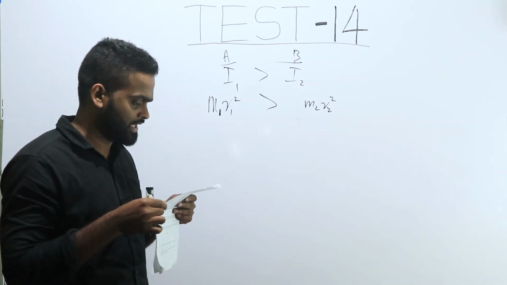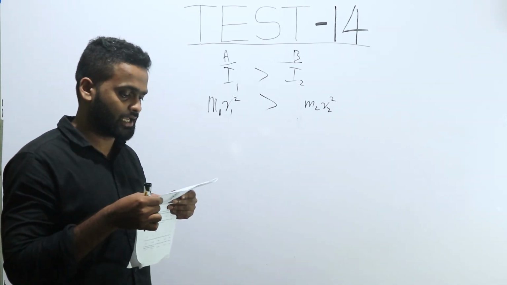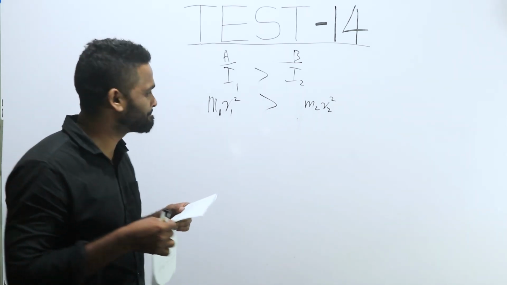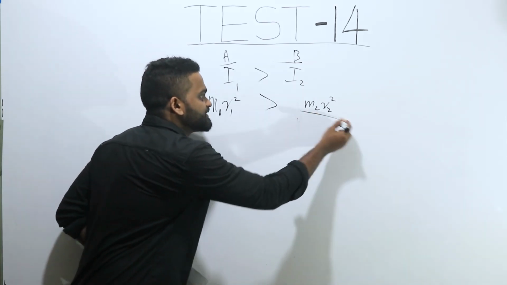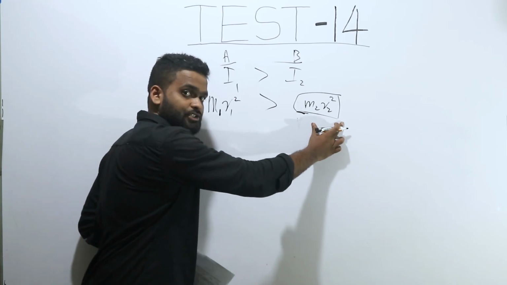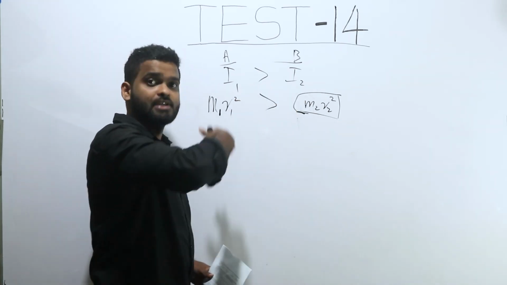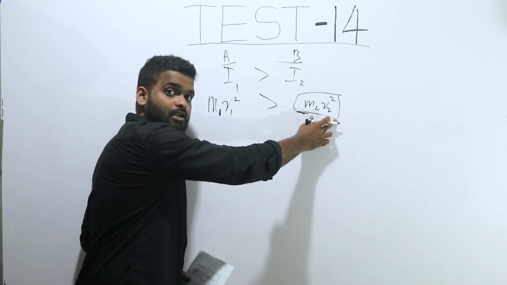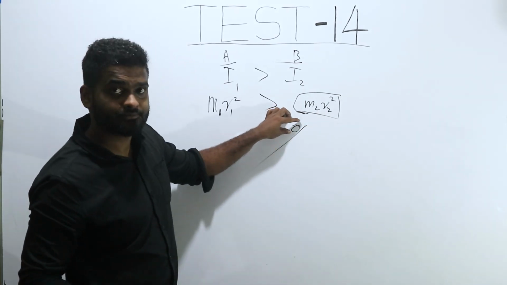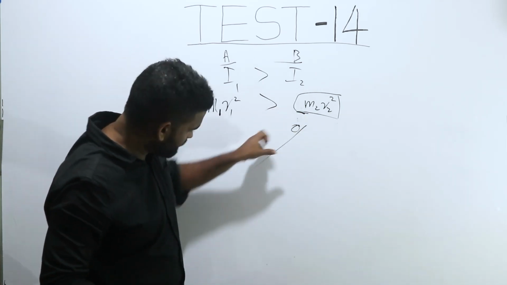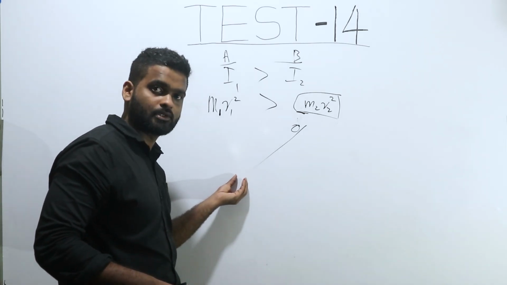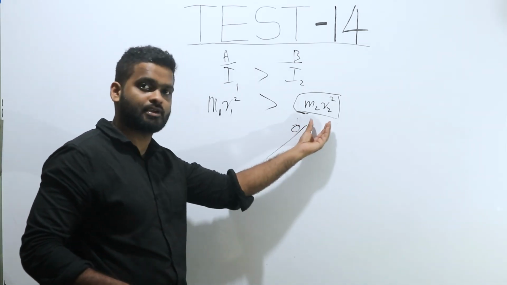C, if both are released from the top of an inclined plane, B reaches the bottom first. Since B has a small moment of inertia, it has less inertia. So if you release B from here, it can quickly roll down to the bottom because it has less inertia.